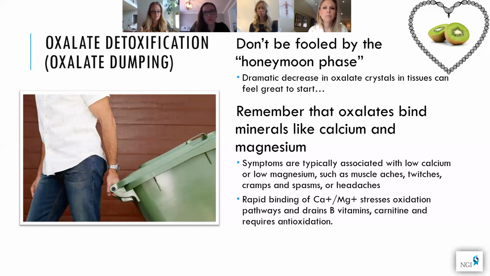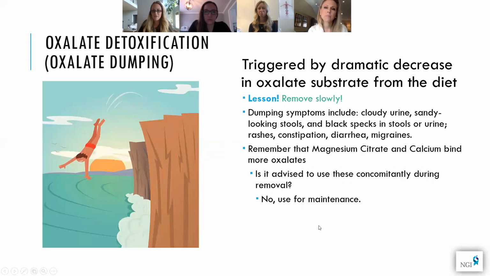Again, this is a major ion in your body. This is something that can cause you to have all kinds of issues in terms of cardiac response, all kinds of things. So you have to be super, super careful in the way that you are rebalancing your minerals in your body. All right, so lesson, remove very, very slowly.